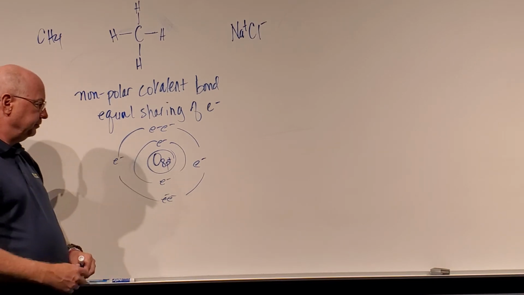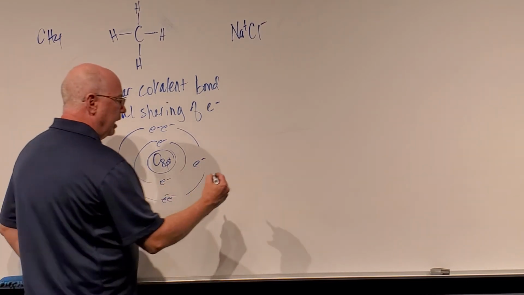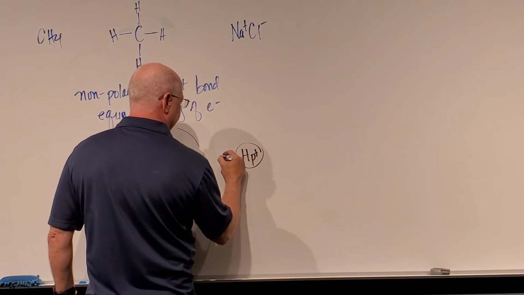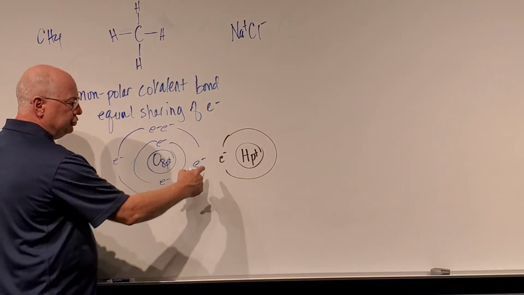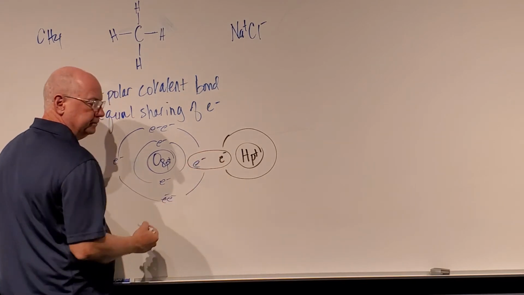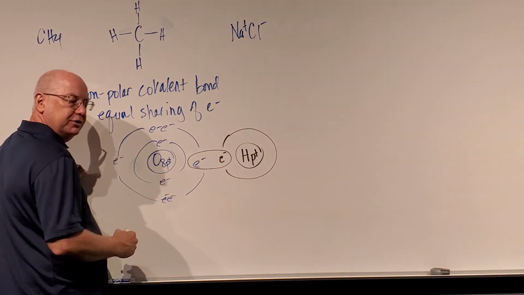I'm not going to go into why. So now look, if I look at a hydrogen atom and it comes close to this, I got my proton, I have a single electron in the valence orbital. These 2 guys can share these 2 electrons and form a chemical bond here. And I form a covalent bond by sharing the electrons.